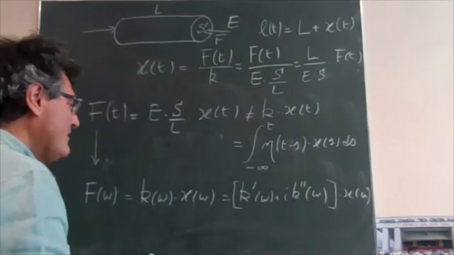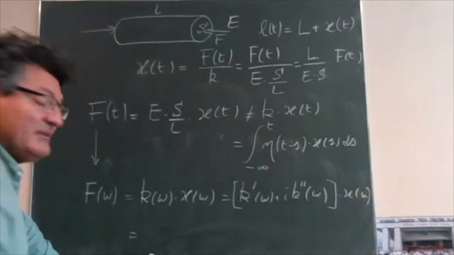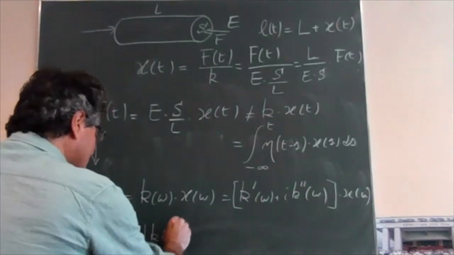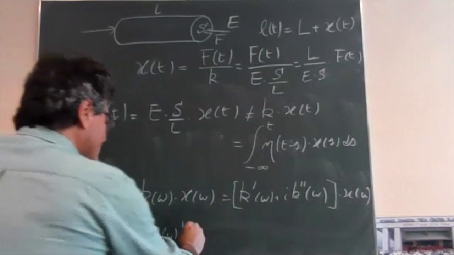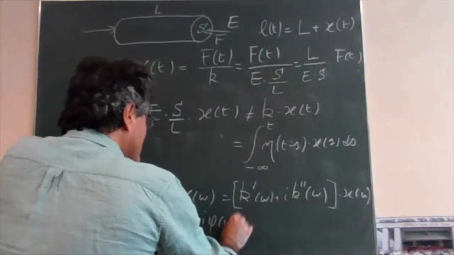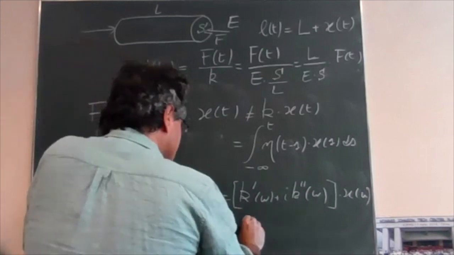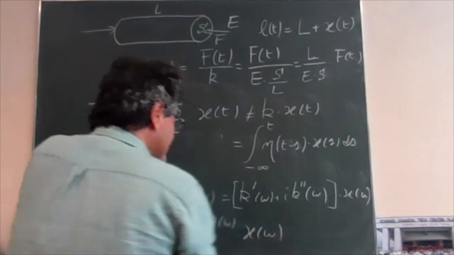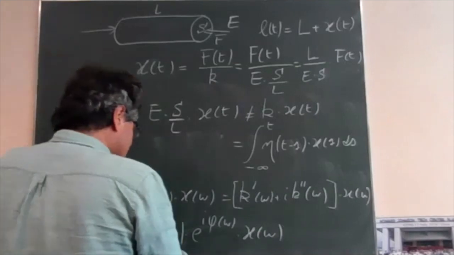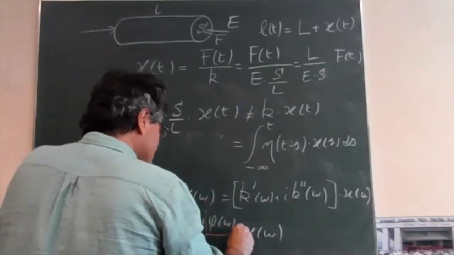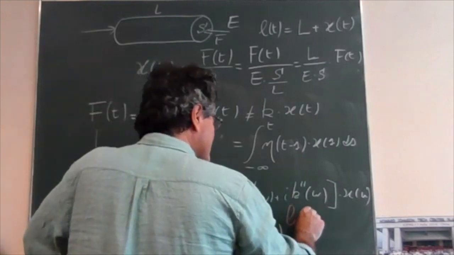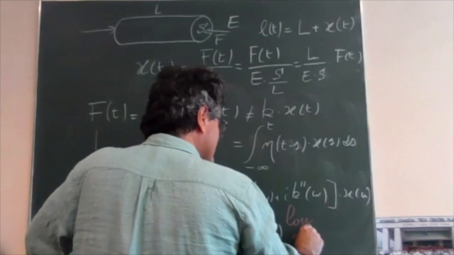Or it can be written in that way: modulus of k of omega times e to the i phi of omega times x of omega. Okay, and this phi is what is called the loss angle.